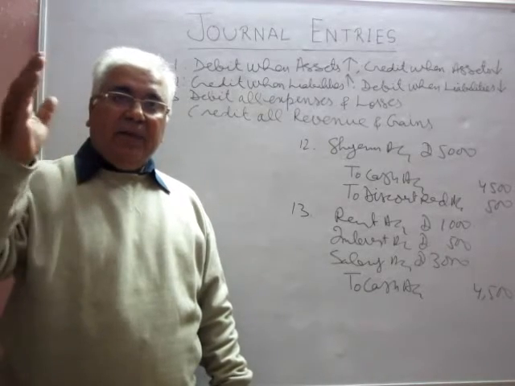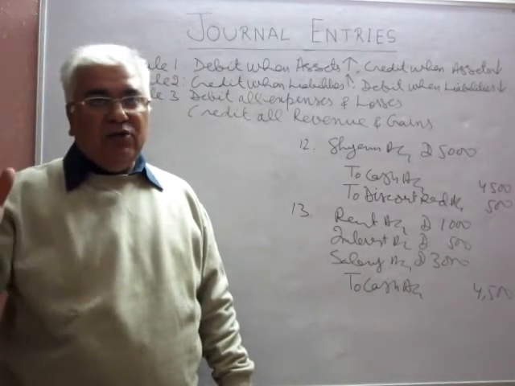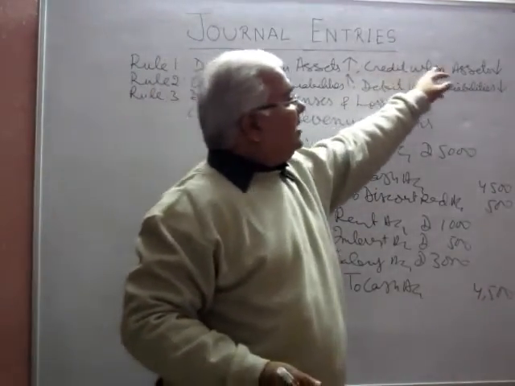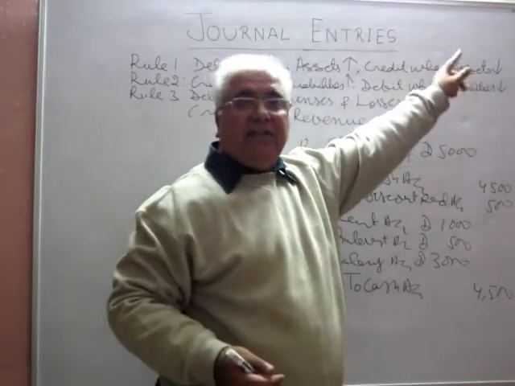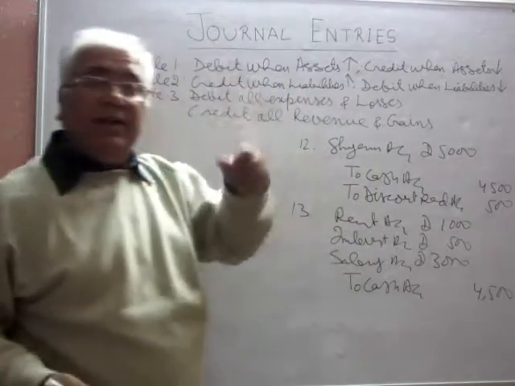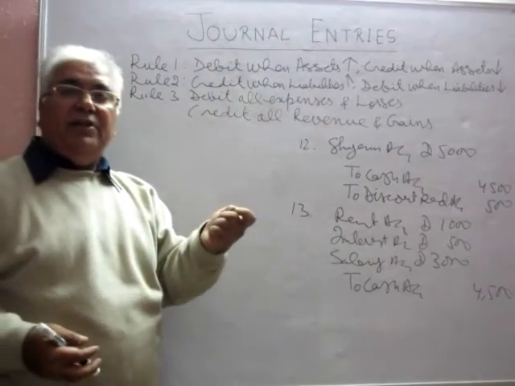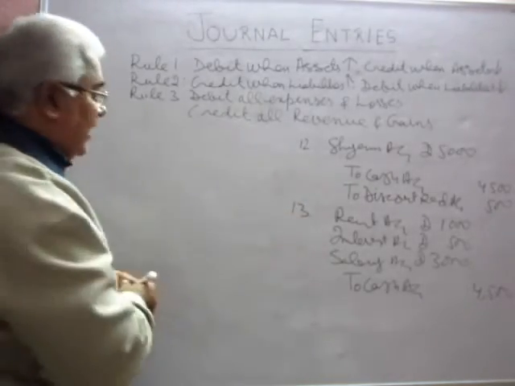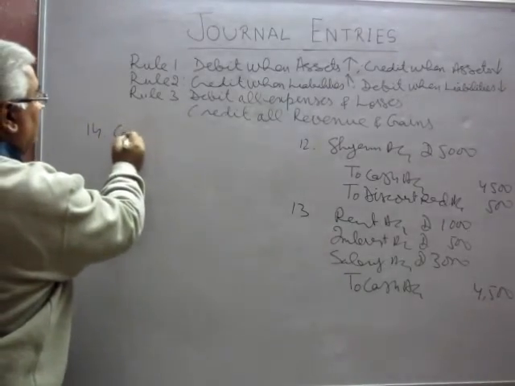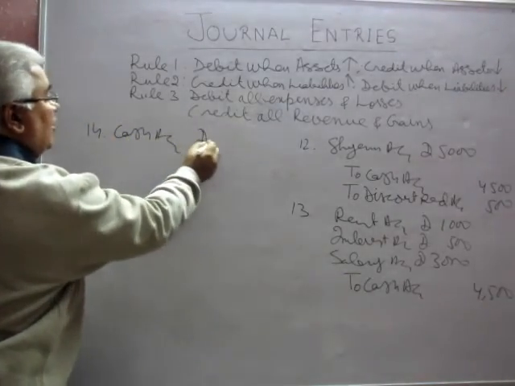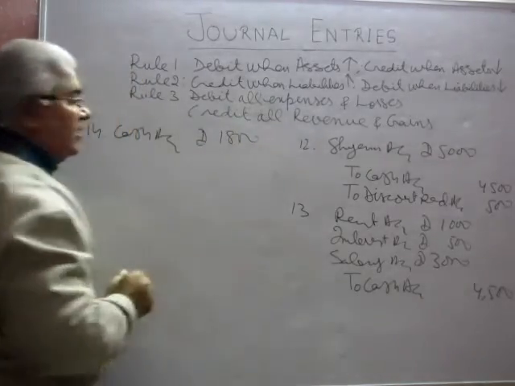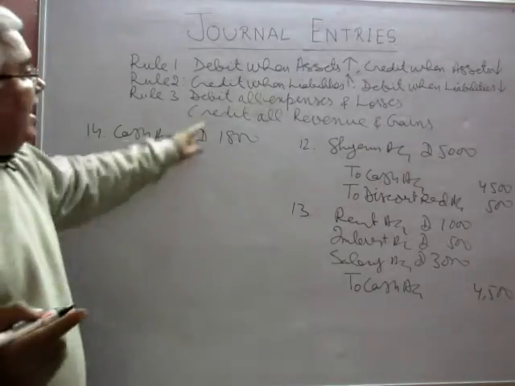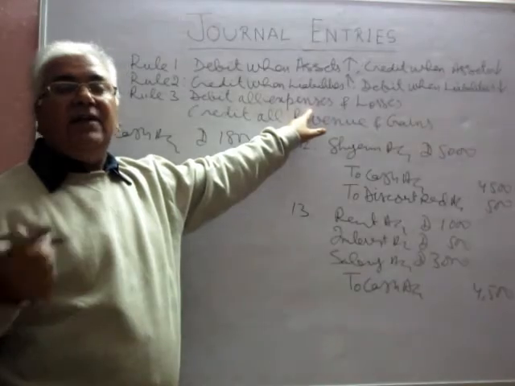Asset is that Mr. A's account. A's account will reduce by 2,000. Hence A will be credited by 2,000. Rule being credit when assets decrease. So our asset, that is our debtor, is reducing, and we are receiving cash of 1,800 and allowing him a discount of 200. In this case, since our cash is increasing, cash account will be debited by 1,800 and 200 being discount allowed by us, and discount allowed by us is an expense, hence all expenses are debited.